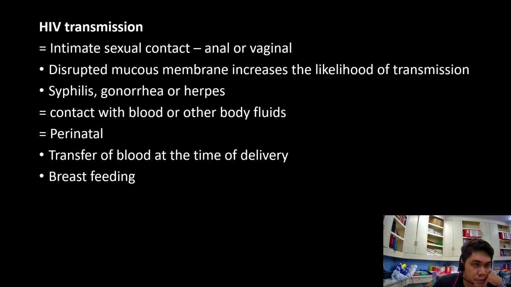For the transmission of HIV, first, the primary route is intimate sexual contact, whether anal or vaginal. A disrupted mucous membrane increases the likelihood of transmission. For example, if the person has syphilis, that increases the likelihood of transmission.